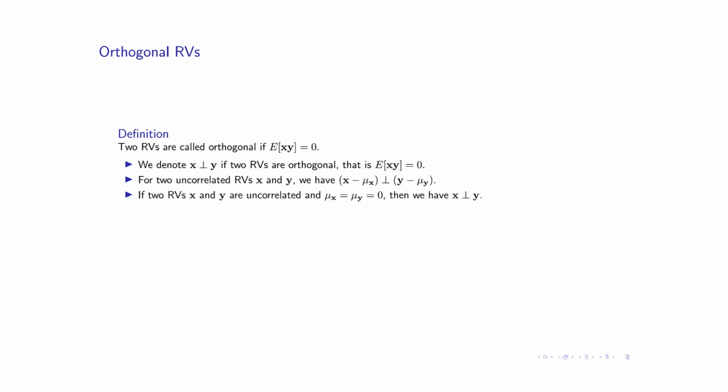So if two random variables are uncorrelated and their means are 0, then they are orthogonal. Orthogonality and uncorrelatedness are identical if the variables have 0 means.